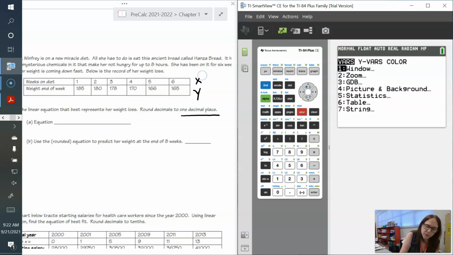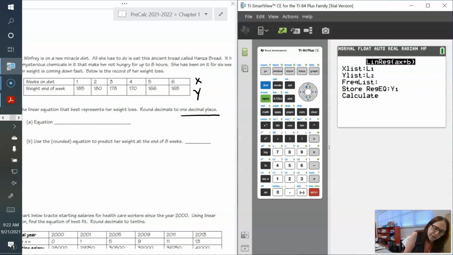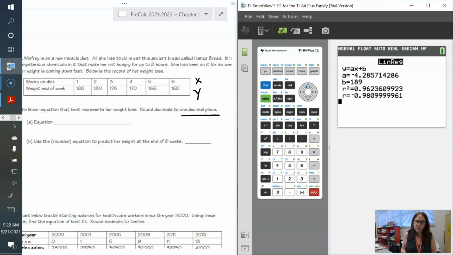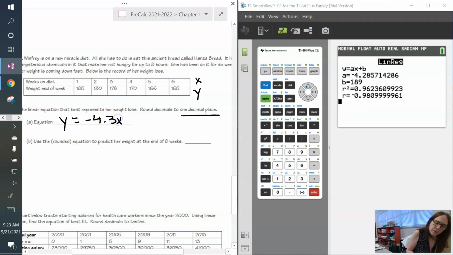So remember, hit Vars, Y-Vars for Y variables, Function, Y1 is the first one, and then let's calculate. All right, so our equation this time is negative 4.3x plus 189.